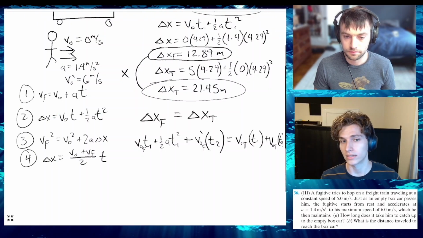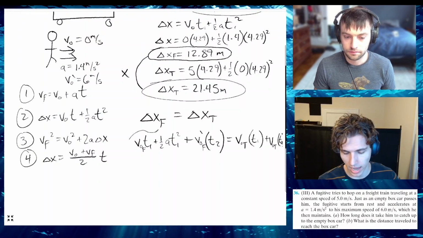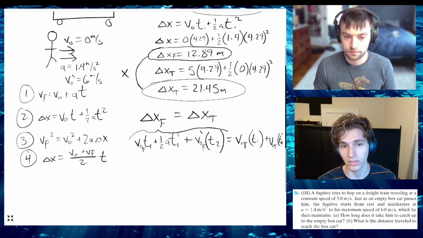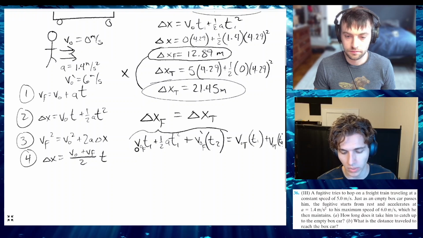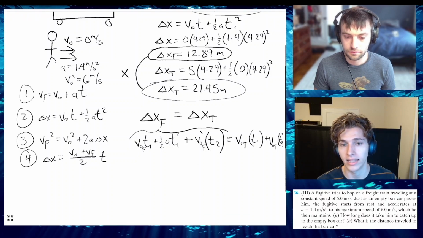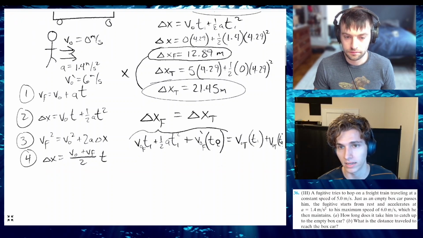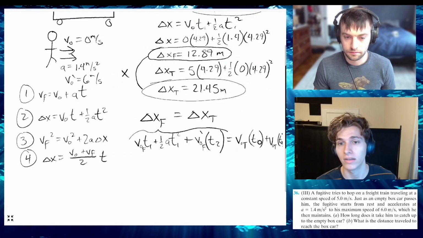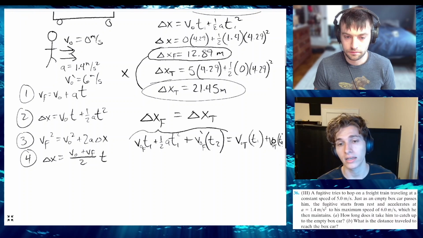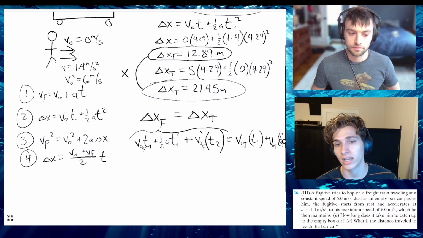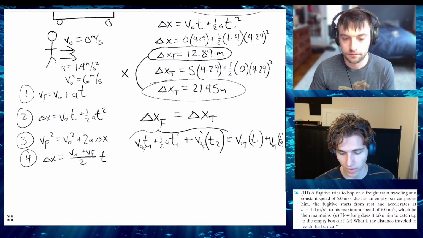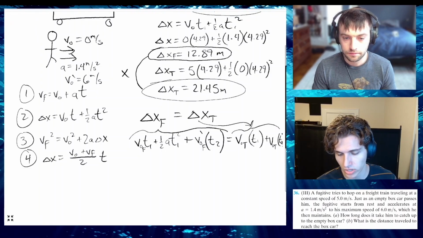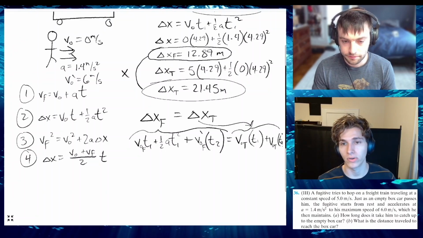We can do this because this entire umbrella here falls under the distance traveled by the fugitive: first, whenever he's getting up to speed, and then when he's moving at constant speed. The second part is the train moving at constant speed for time t1, and then continuing to move at that constant speed for time t2. So this falls under this umbrella of the distance traveled by the train. And we know they're going to be equal.